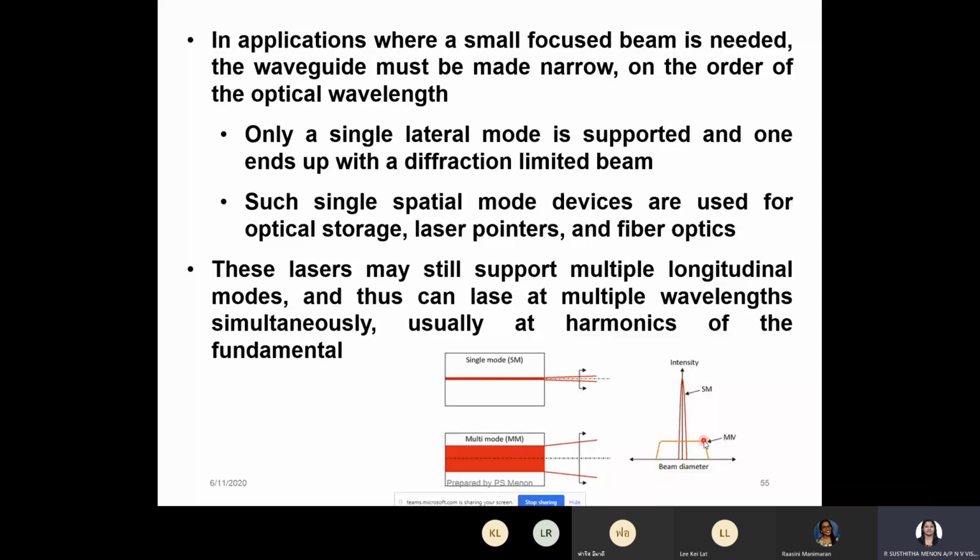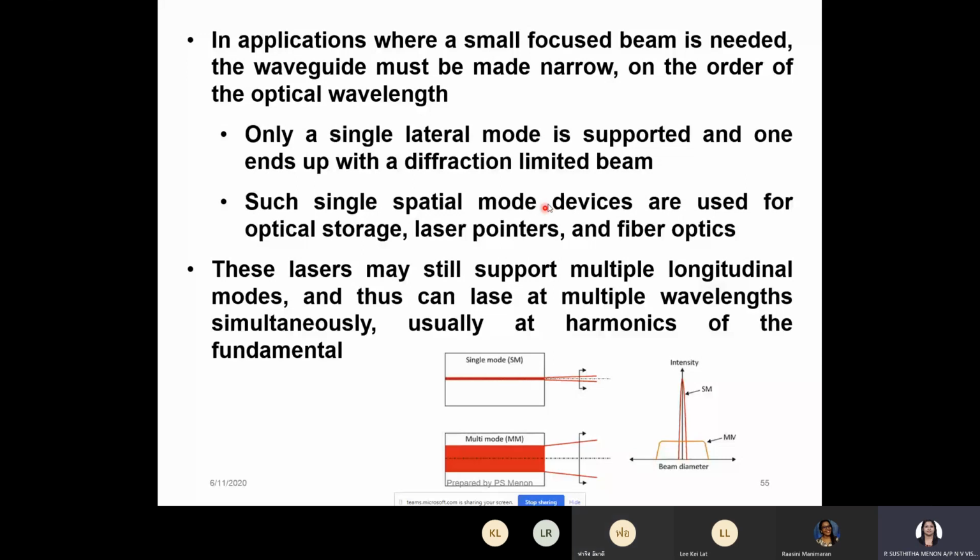The laser pointer here is very sharp, because the spectrum is very small. That's how you differentiate single mode and multimode. With single mode, the beam spot size is very small. With multimode, the beam spot size is very large.